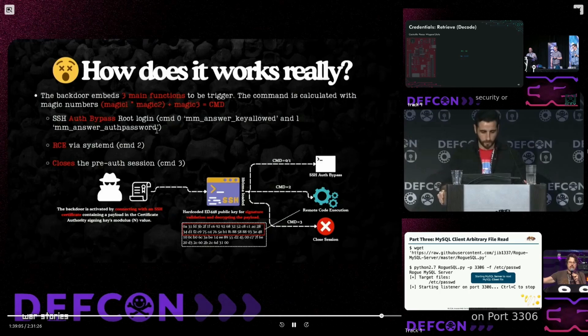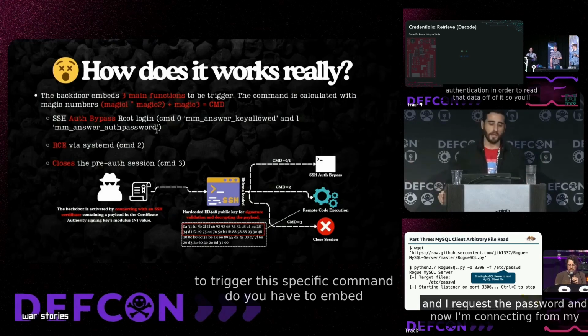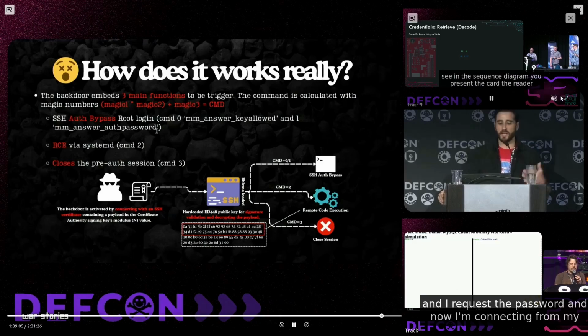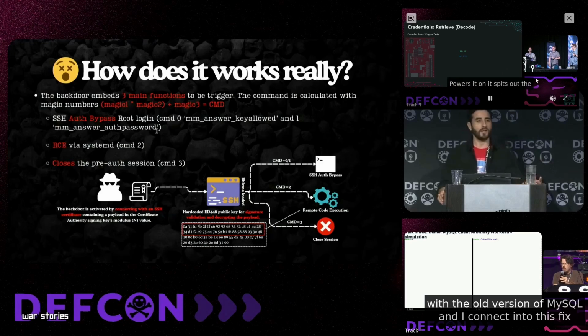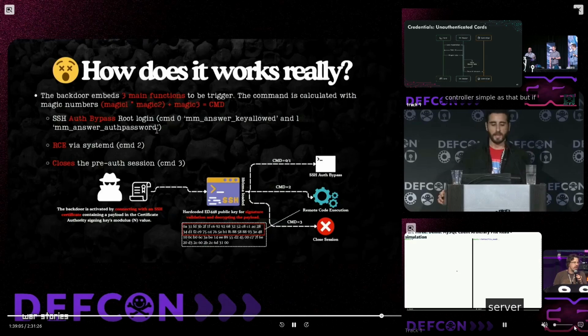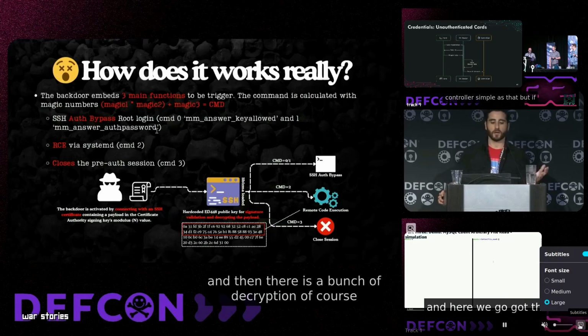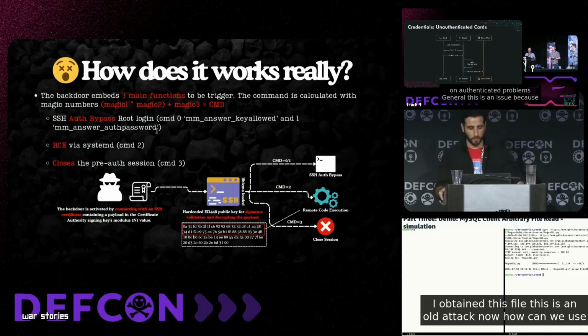The first one, command 0 and command 1, is an SSH authentication bypass using root login. The second one is a remote code execution via systemd, CMD2. And the third one is cleaning and closing the pre-authentication that has been previously opened.